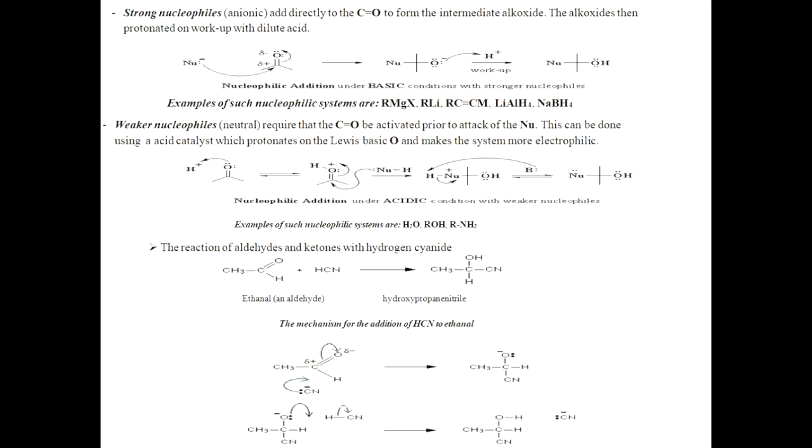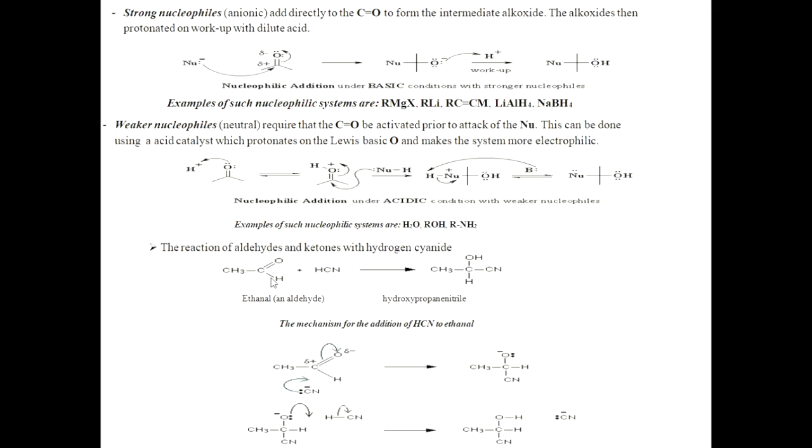To do this, we require an acid catalyst or Lewis acid to protonate the oxygen, and then that oxygen-protonated oxonium ion carbonyl undergoes nucleophilic addition, because oxygen cannot comfortably hold the positive charge. It is less stable and more reactive, so the nucleophile immediately attacks, and then we get the protonated alcohols. Some examples are given here.